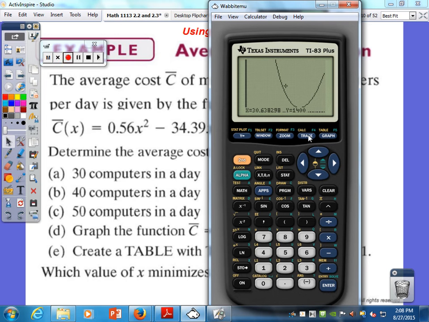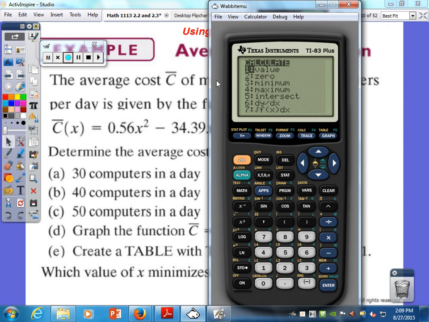If you hit the trace button, see how it's there in white, all I got to do is scroll along and let it go find what I think is the minimum, right? Somewhere around in there. Looks like it's around 1,200 minimum. And what would be the optimum number of computers? Probably around 40.